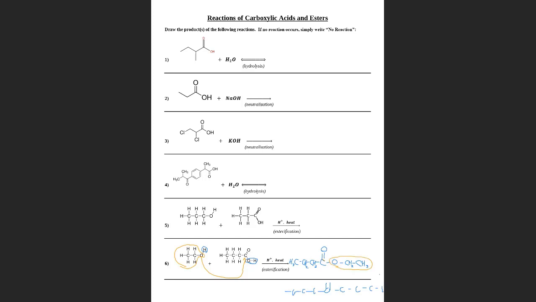Okay? I'm adding the alcohol. I'm just taking off the OH from the carboxylic acid and I'm adding that to the other side. I have to flip it over so that the oxygen's facing the opposite side. But that's the piece that I'm doing. Do you see it now? Does that make more sense?